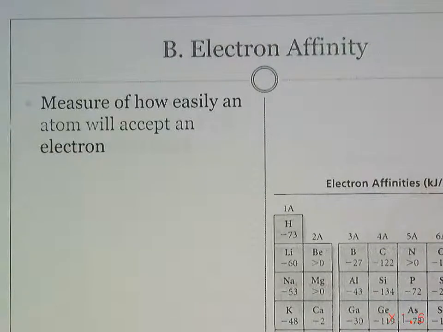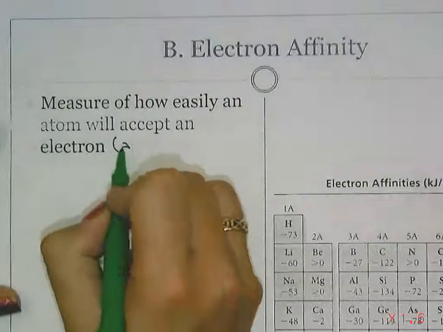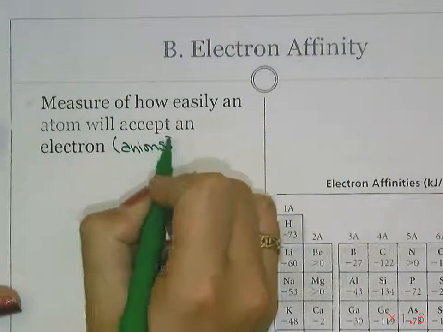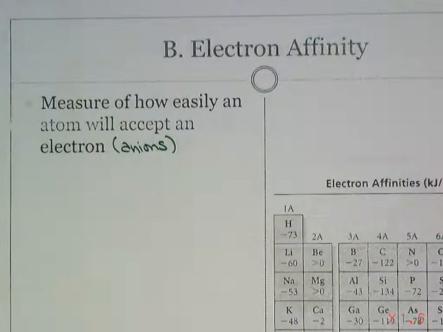A more generic name for everybody that gains an electron: anions. So it's a measure of how easily I can make an anion, and ionization energy is a measure of how easily I can make a cation. Similar in terms of what kind of chemistry is going on.